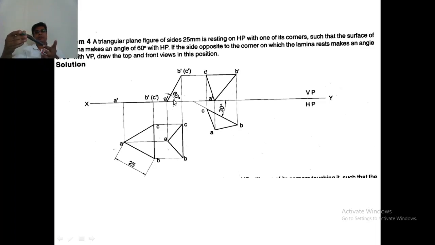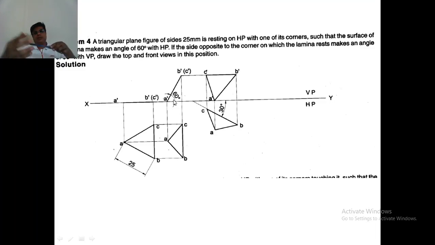This is a corner, it is on HP. Now I have kept the plane on the HP. If I lift it from the other side, it will be resting on the corner and the surface of the plane will be inclined to HP. So this angle to HP will be 60 degrees.